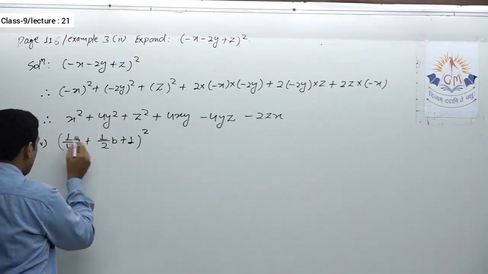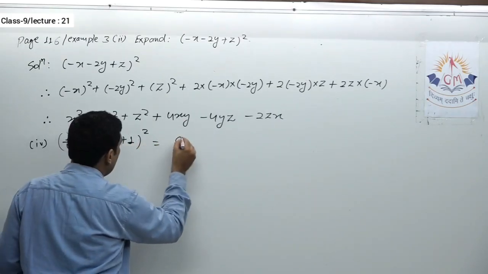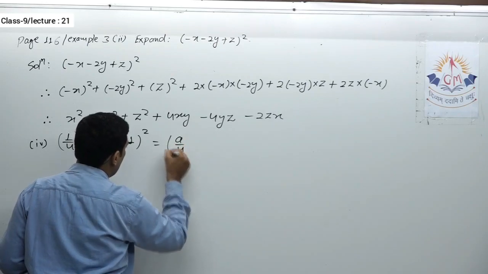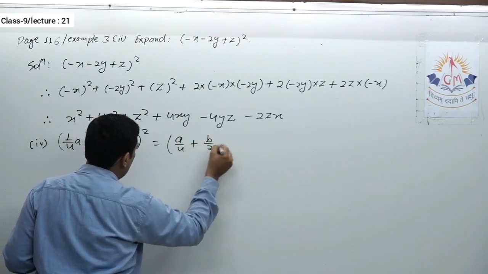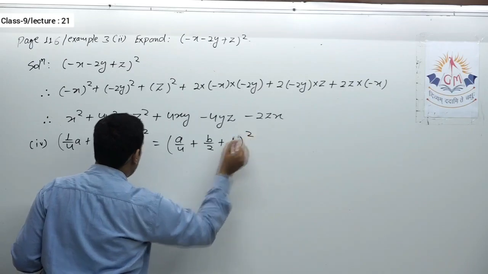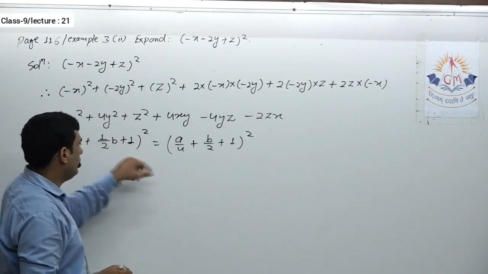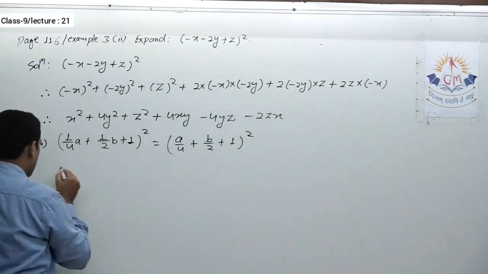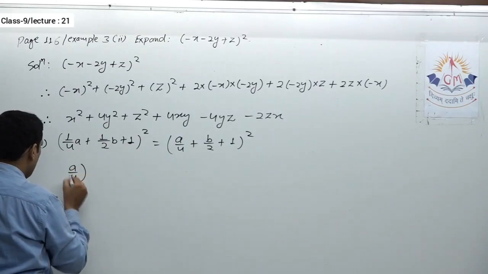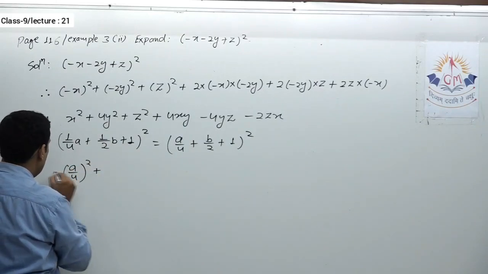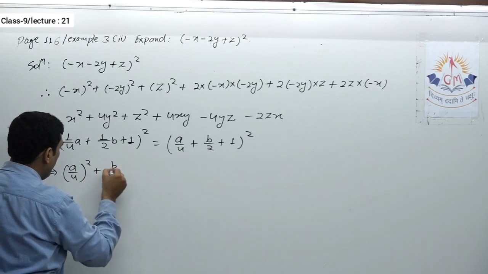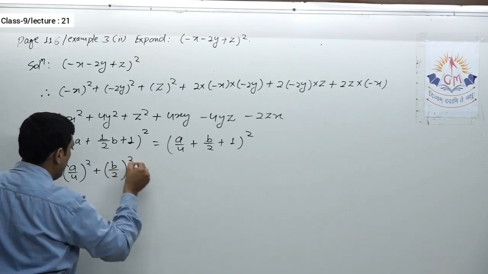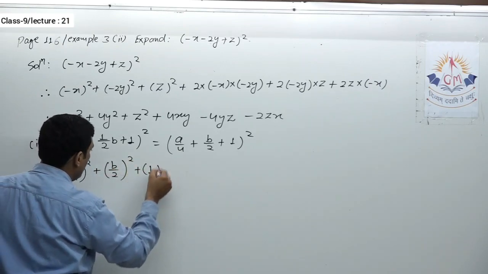So a square, see, actually I can write a upon 4, plus b upon 2 plus 1, whole square, isn't it? A upon 4, b upon 2, plus 1. So now a square, that is a upon 4 whole square, plus b square, that is b upon 2 whole square, plus c square, that is 1 square.